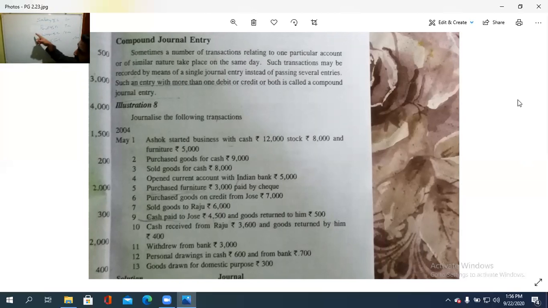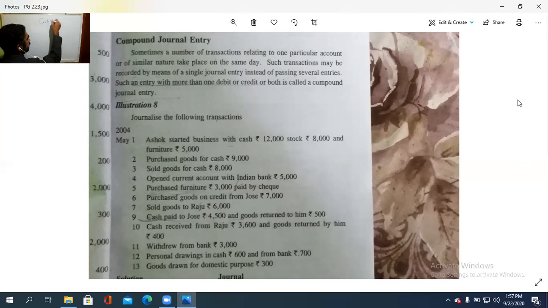In case the opposite is the case, for example, commission received, interest received, rent received. So what is received? Cash is received, isn't it? In such a case, cash is to be debited.